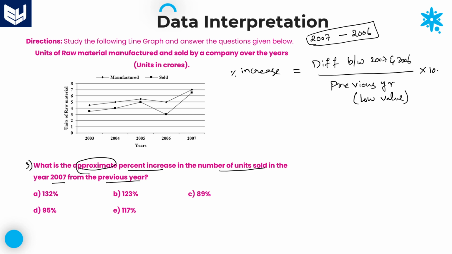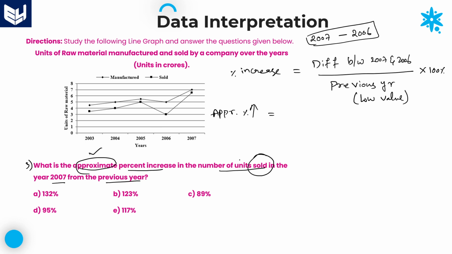And whenever you are calculating percentage, multiply by 100 with the percentage symbol, that is the common point. And one more thing is, in this question he is not asking the exact answer, he is asking for the approximate percentage increase.